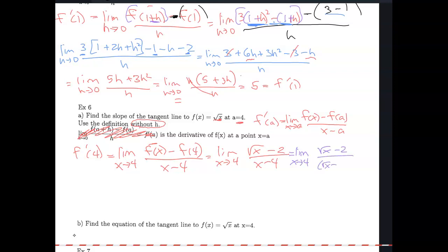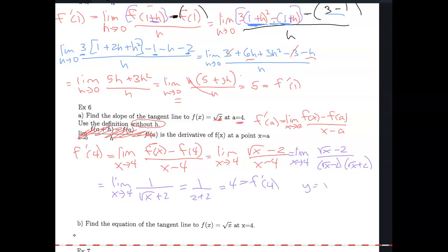So this would be root x minus 2 times root x plus 2. Do the canceling. And so then I get 1 over root x plus 2. So that will give me 1 over 2 plus 2, or 4. So again, this is the slope of the tangent line at the point 4.